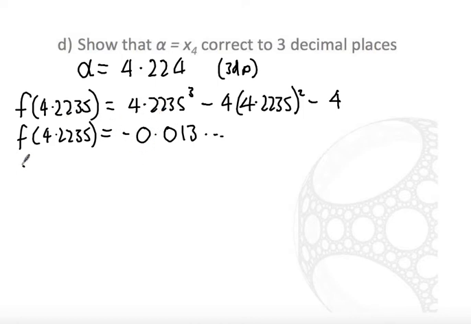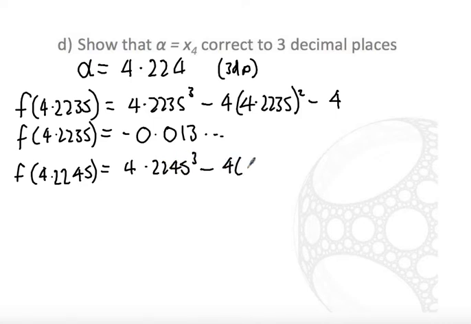Now if I do the upper bound value, what I'm expecting here is to get a positive answer. So f of 4.2245 equals 4.2245 cubed minus 4 lots of 4.2245 squared minus 4.